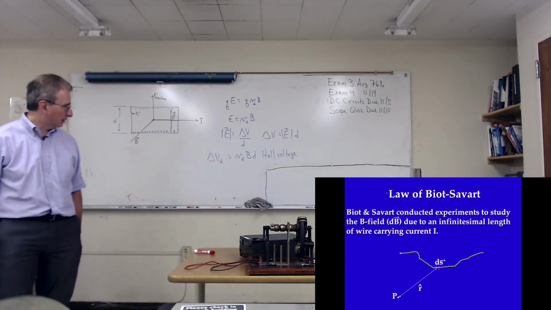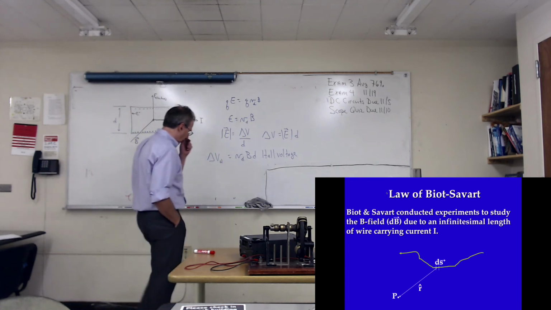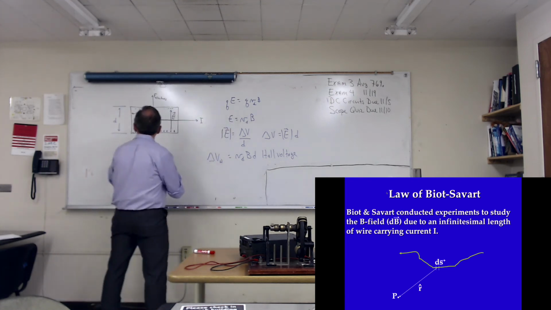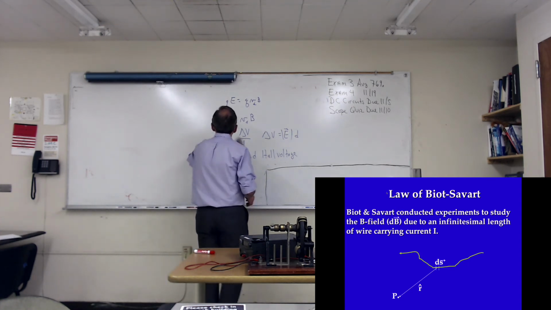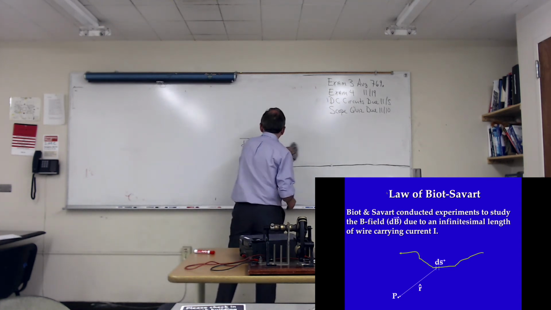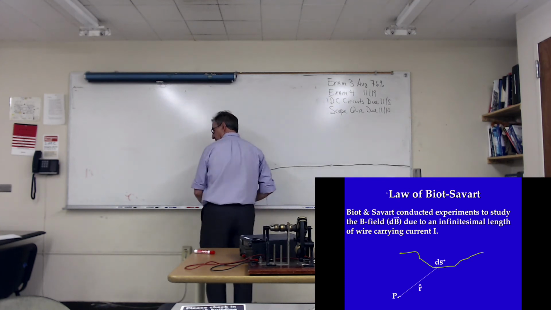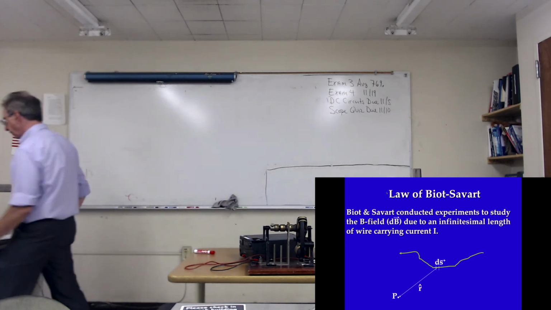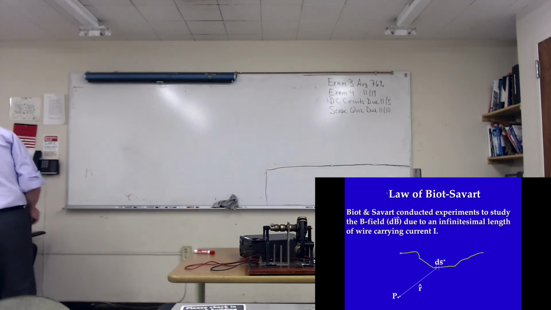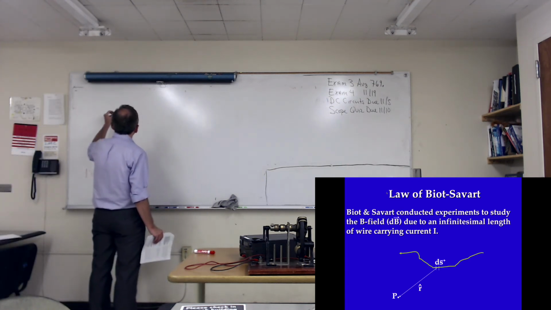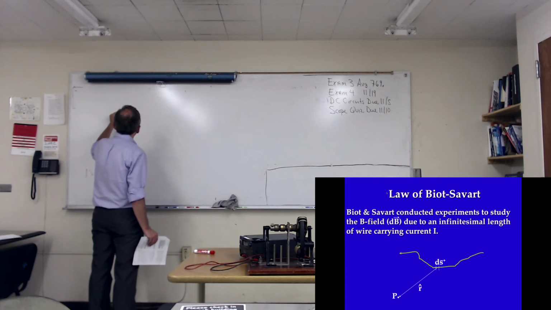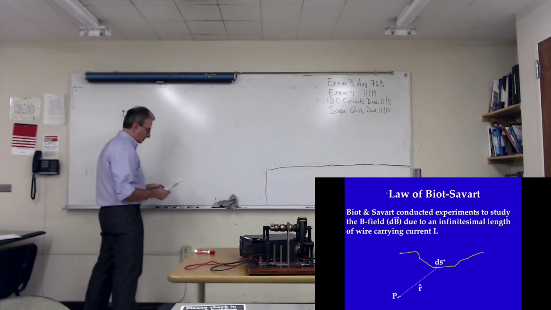Let me write down some things they came up with. The magnetic field due to a moving charge, let's say I have a positive charge Q moving in that direction.